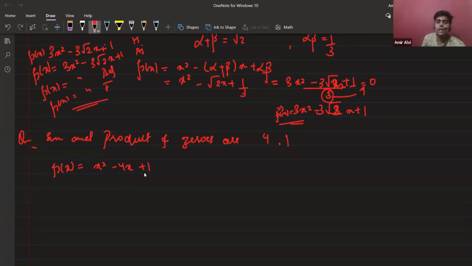Okay, Hiba has the answer. Ajwat, Faiz, Adil, do it fast. It's a very simple question. You just have to put the values into the general form. x square minus 4x plus 1. Okay, same answer for Ajwat as well. Faiz has also got the same answer.